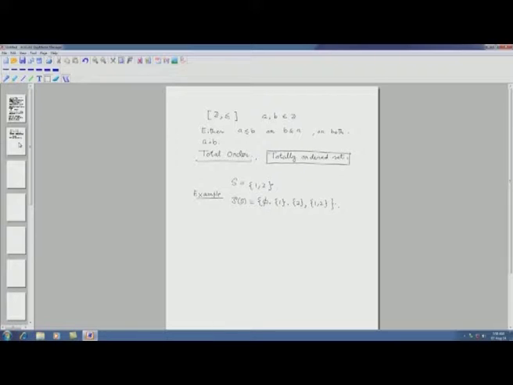Now, the relation that we choose is the subset equal relation, that is conveniently denoted by the well known symbol of subset equality.